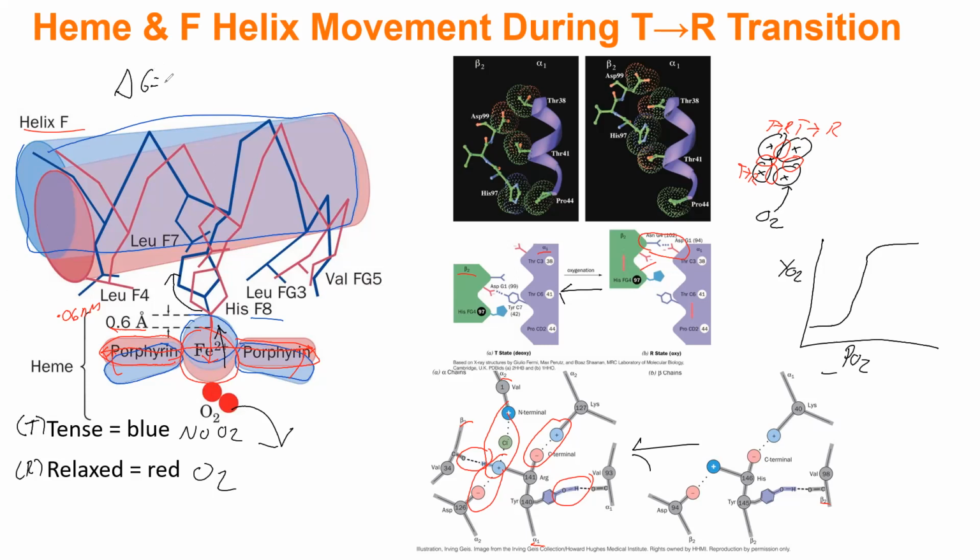Delta G equals delta H minus T delta S. For oxygen to be bound in hemoglobin, that's very entropically unfavored because oxygen can no longer diffuse. It can no longer spin around. It's stuck in one position. It has good interactions, so that's good, but the entropy is bad.